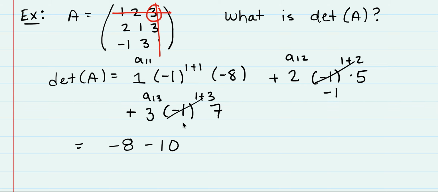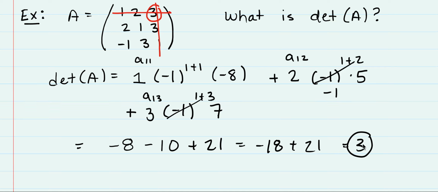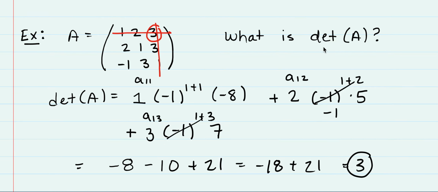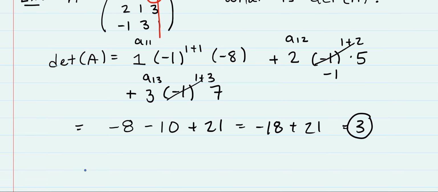And then this becomes a positive 1, so we have 21. So we have negative 18 plus 21, we get 3. So the determinant of A is going to be 3. Okay, write that down.